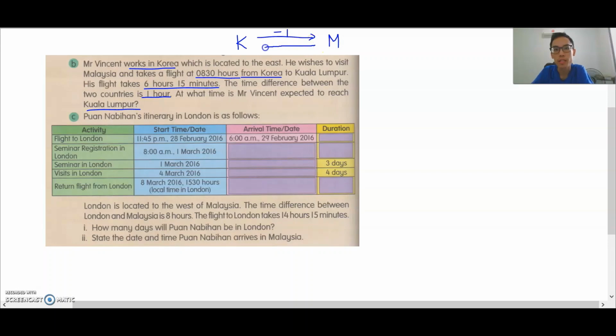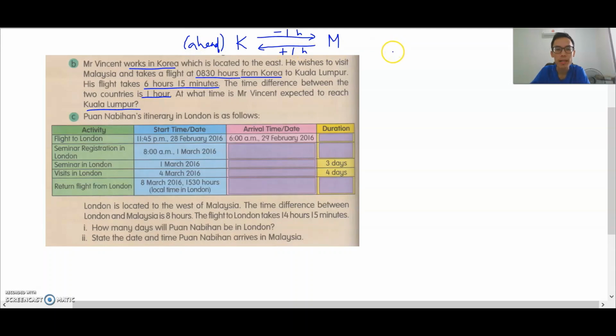If you take Malaysian time, change to Korean time, you have to plus 1 hour. So it depends. Now Korea is in the east, we are in the west, so their time is ahead of us. Okay, we are behind. Korea is 1 hour ahead.